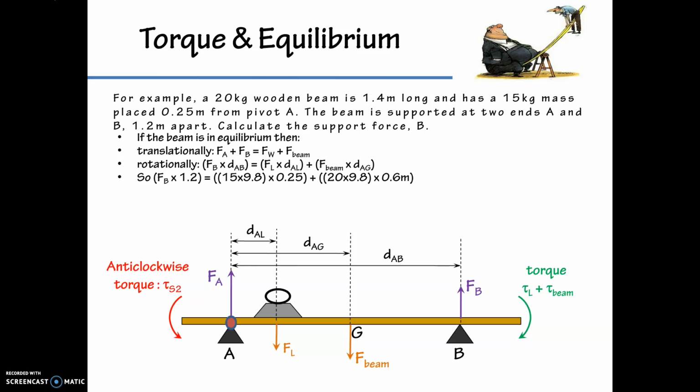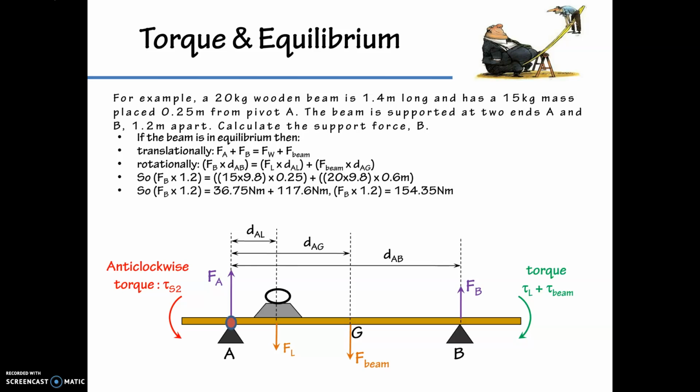That's equal to the mass of the load multiplied by 9.8, the acceleration due to gravity, to work out its weight, multiplied by 0.25 meters, which is its distance to pivot A. We add to that the 20 times 9.8 for the weight of the beam, multiplied by the 0.6 meters, which is half of the distance between the two pivots, or the distance between where the weight of the beam G is acting to pivot A.